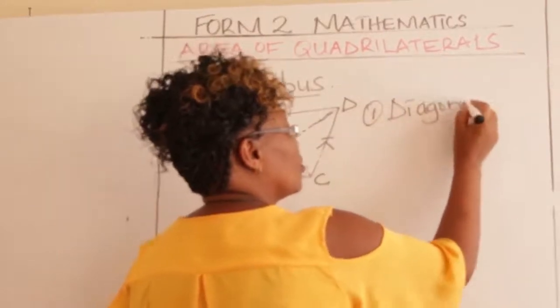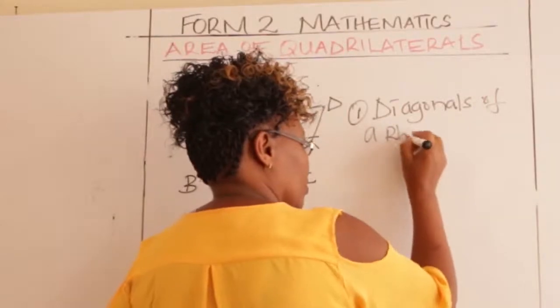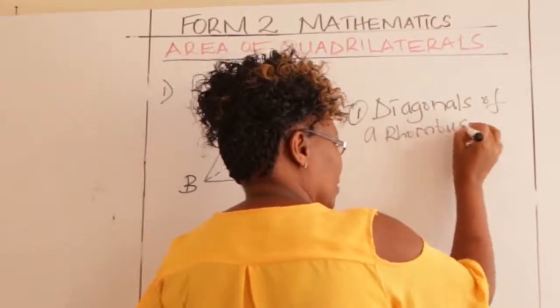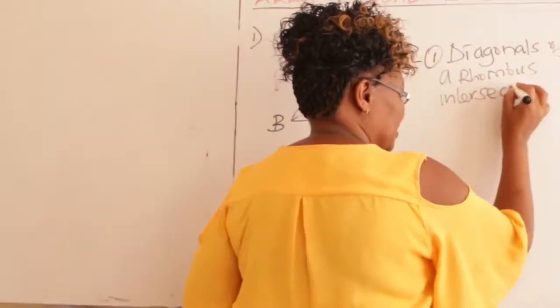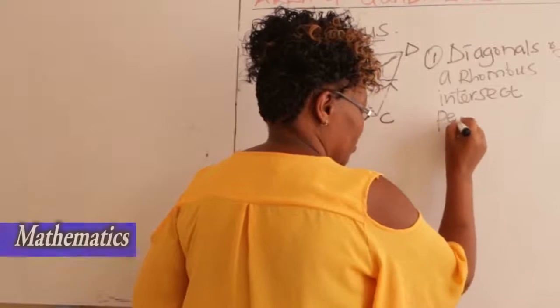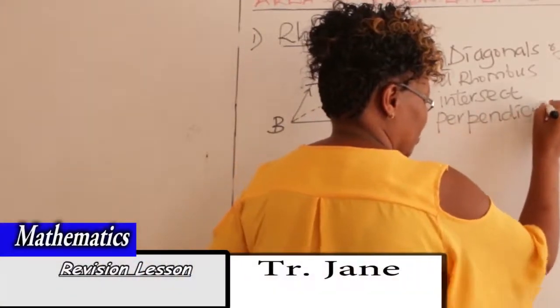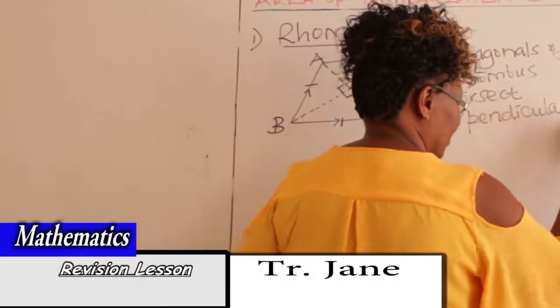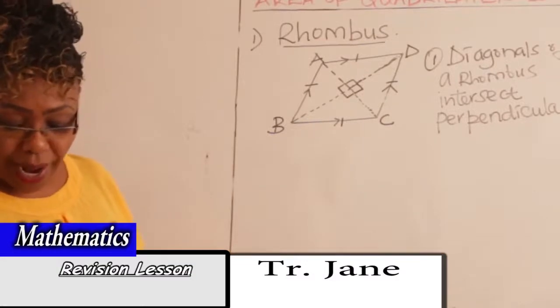Diagonals of a rhombus intersect perpendicularly. That is property number one.